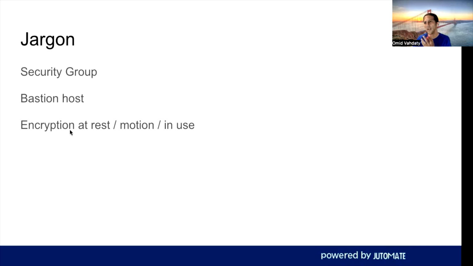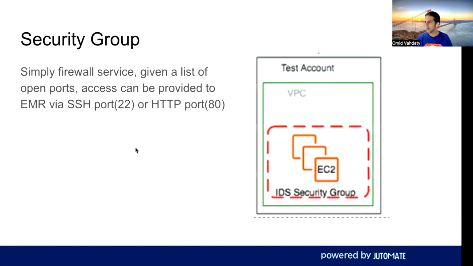And 3 types of encryptions: at rest, in motion, and in use. And we'll cover that in a second. So security group. In a test account, you have a VPC, and inside you have EC2 machines, but all of them are protected by security groups.